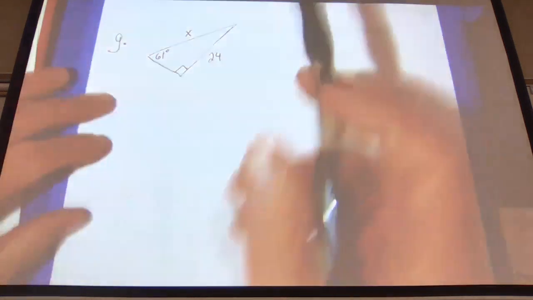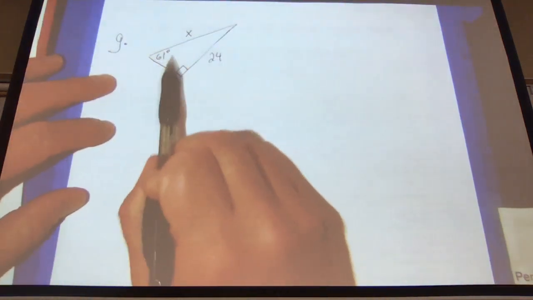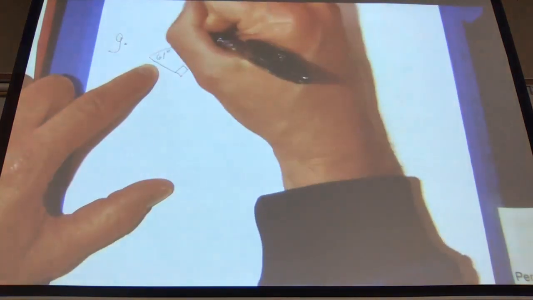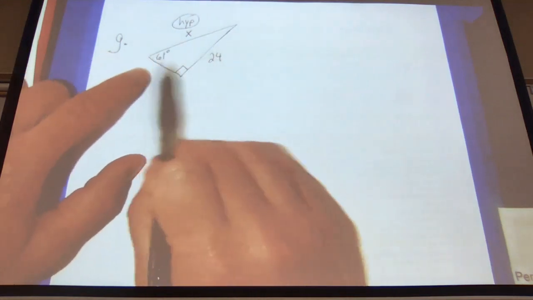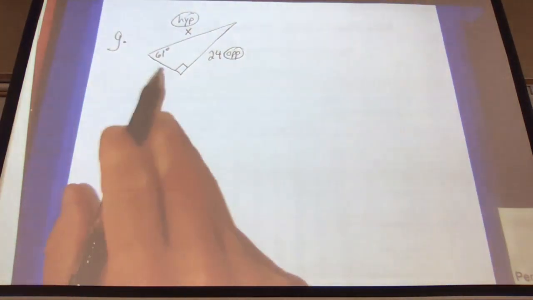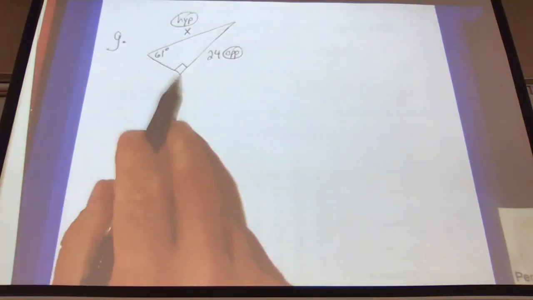And we'll start again by identifying the parts. 61 is the non-right angle they're giving us. The X is across from the right angle, that's the hypotenuse. And the 24 is across from the 61, that's going to be the opposite side. The side we're not using this time around is the adjacent side, the one right next to the 61.